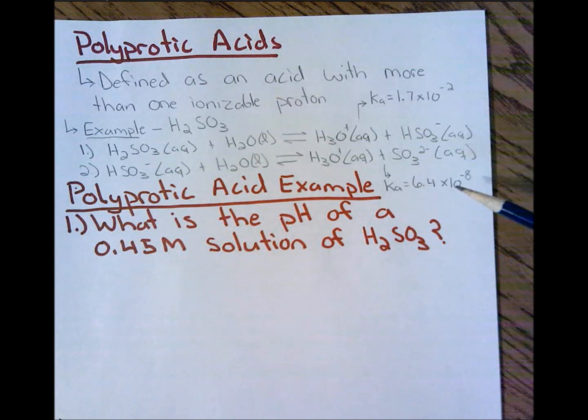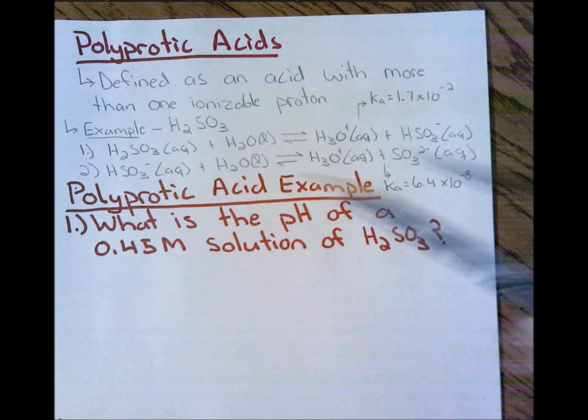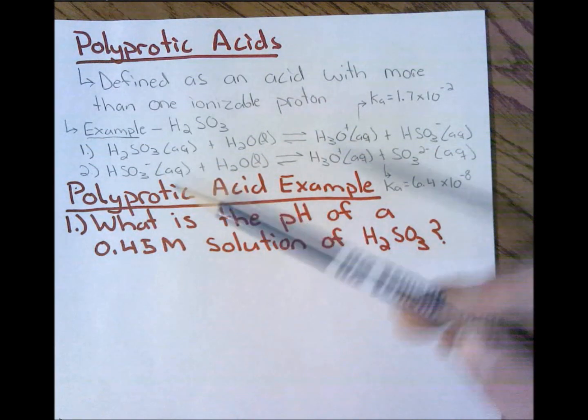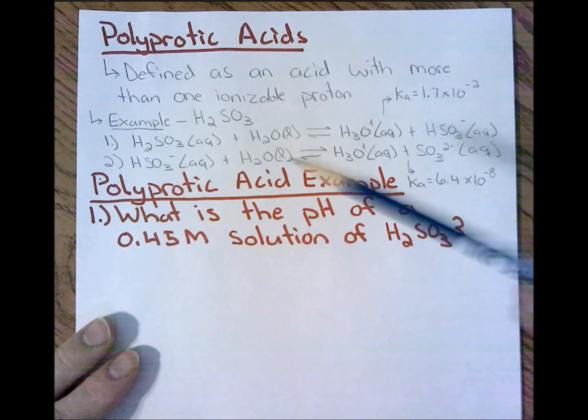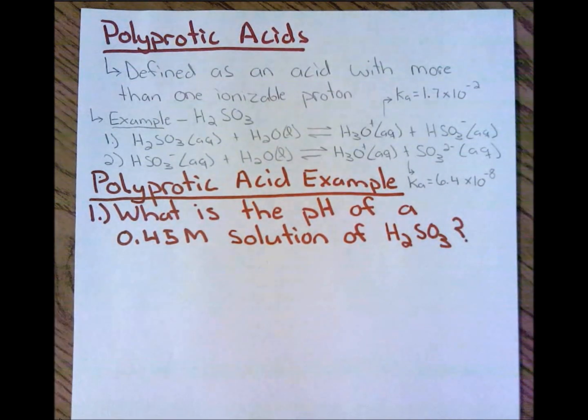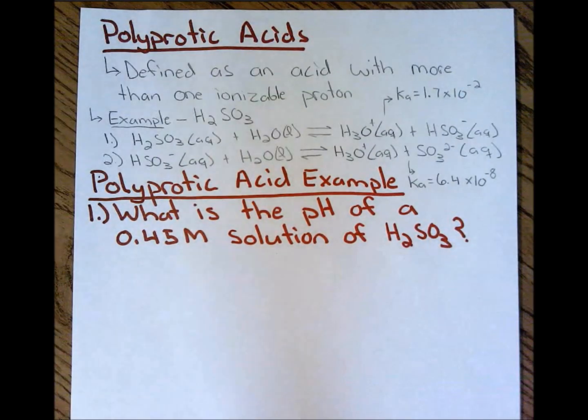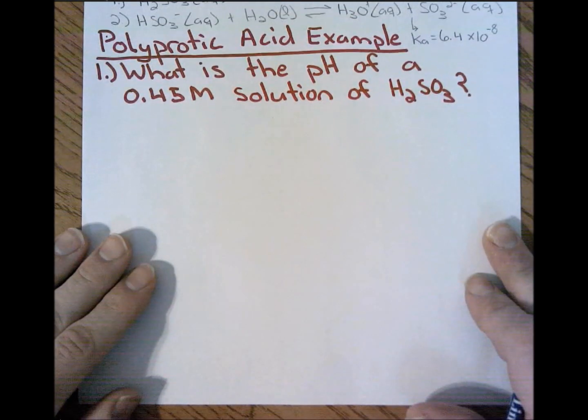So let's go ahead and use this example as we go through our next, actually it'll be 2 pages worth of an example. So we want to know, what is the pH of a 0.45 molar solution of H2SO3? So we start out with H2SO3, and it's aqueous.